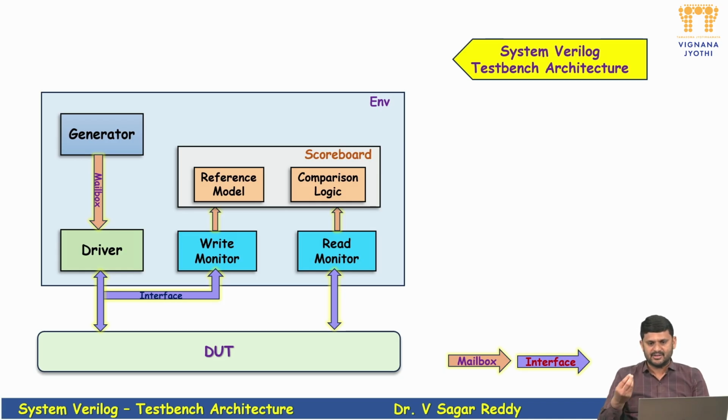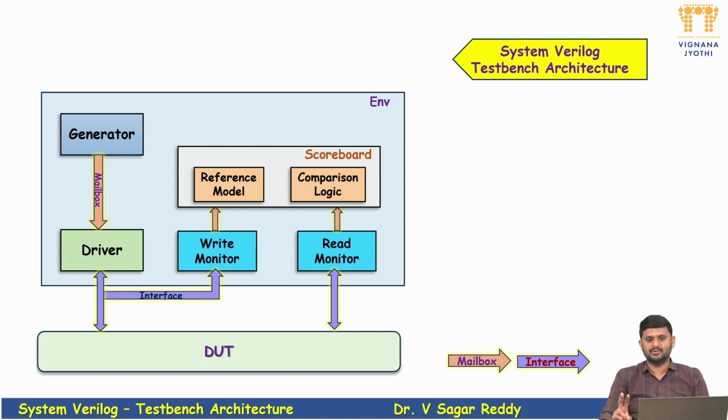It receives the same input transaction that was sent to the DUT from the write monitor, and it independently calculates what the correct output should be. It doesn't care about timing or signals. It simply says, given this input, the correct output is this. It's your golden reference.